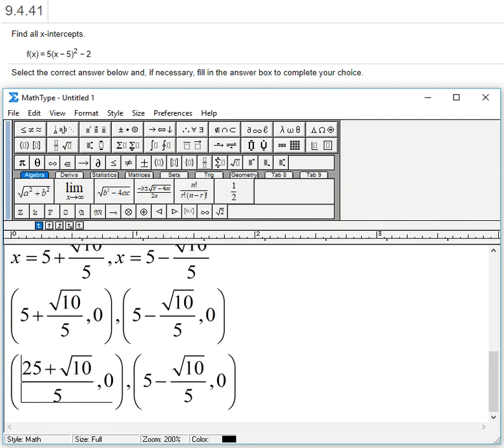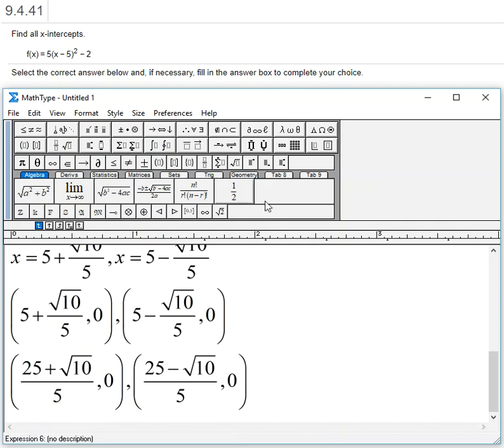That's a simplified version of the first one. This one works in the same way: your 5 becomes a 5 over 1, multiply top and bottom by 5, so the top becomes 25 and the bottom becomes 5. Then you have 25 minus square root of 10 in the numerator, all over 5.